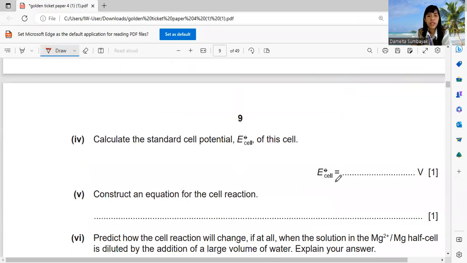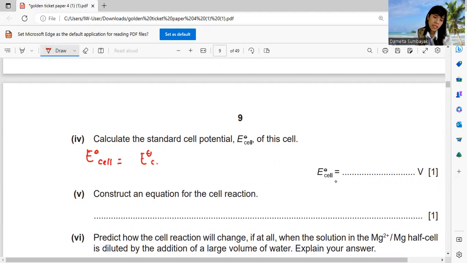Calculate the standard cell potential, E cell. Okay, this is very easy for you guys. You have to know this formula. E standard cell equals E standard for reduction minus E standard for oxidation.